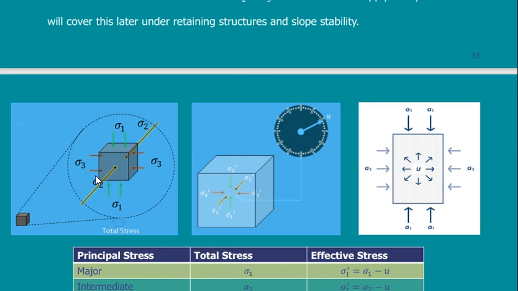But in water, when I ask you what is the stress in water at a depth of 4 meters, you will tell me the stress in water is gamma water multiplied by the height of water. So at a depth of 4 meters, it is 4 multiplied by gamma water. In which direction? In all directions. The stress of water is always in all directions.